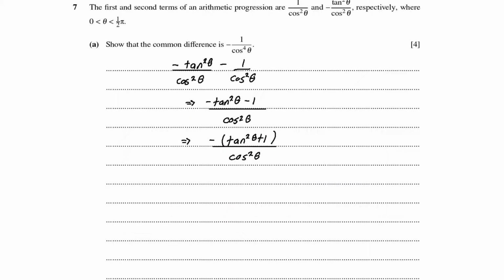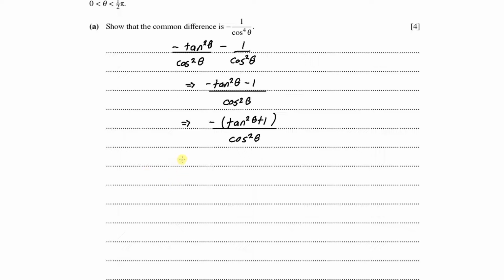Now we know from our identities that tan squared theta plus 1 is the same as sec squared theta. So it's more like we have minus sec squared theta over cos squared theta, which I'll write as divided by cos squared theta.